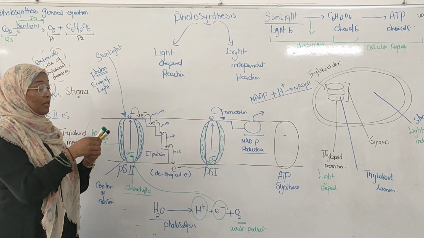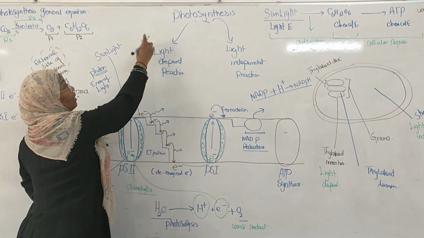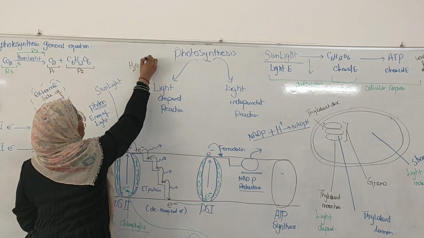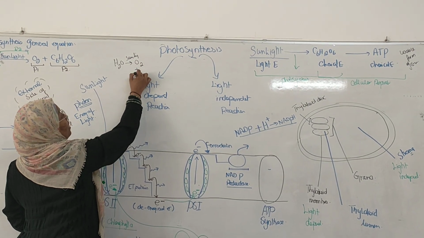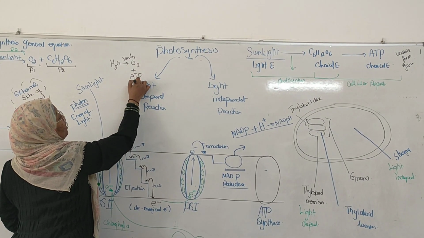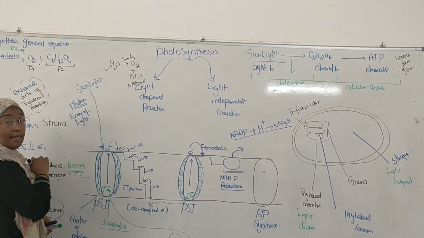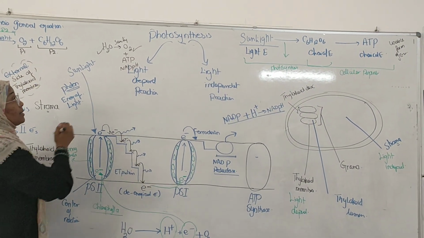So what about ATP? Let me remind you of the general equation of the light-dependent reaction. You are using water and sunlight in order to produce oxygen, ATP, and NADPH. You use the water already. You produce the oxygen during photolysis.